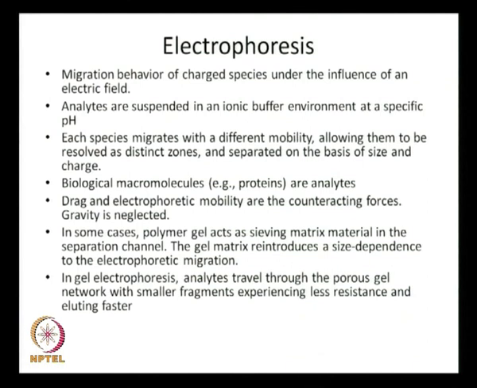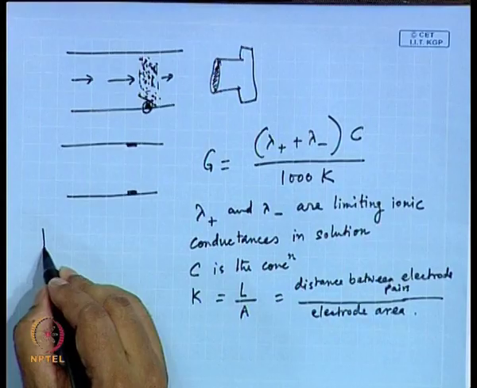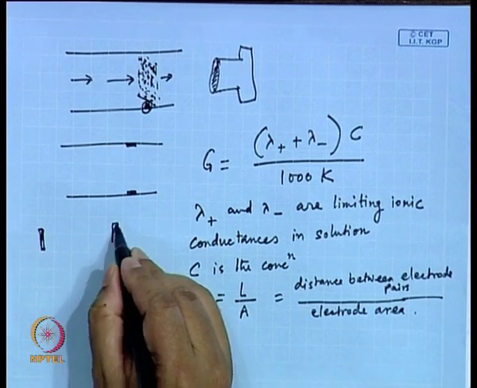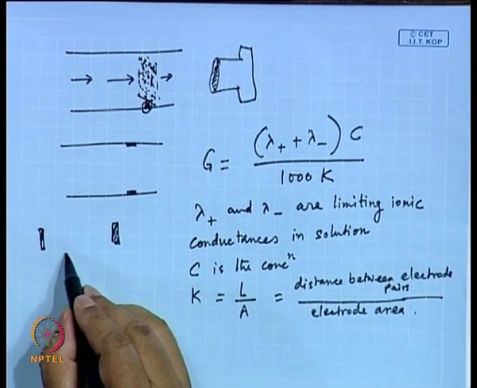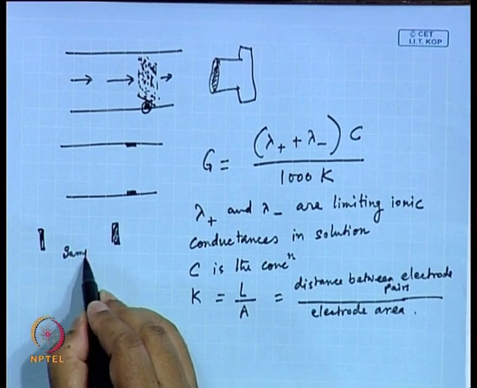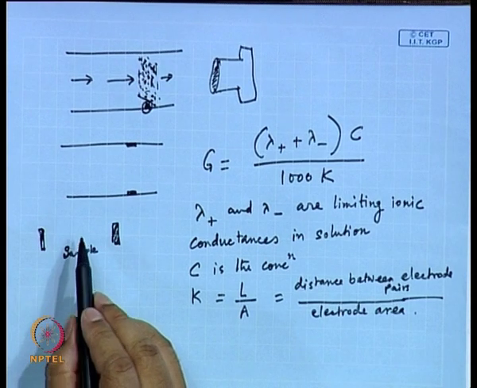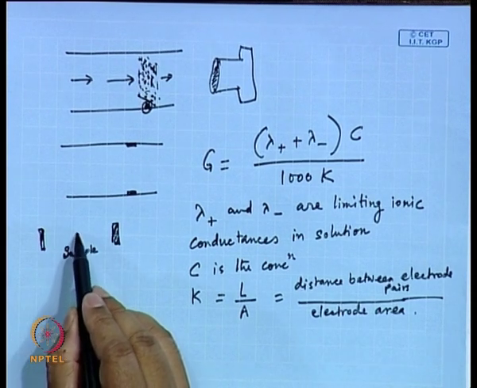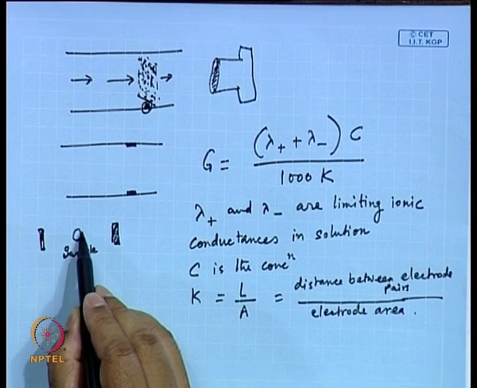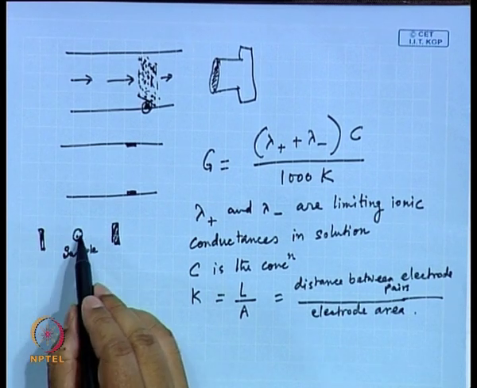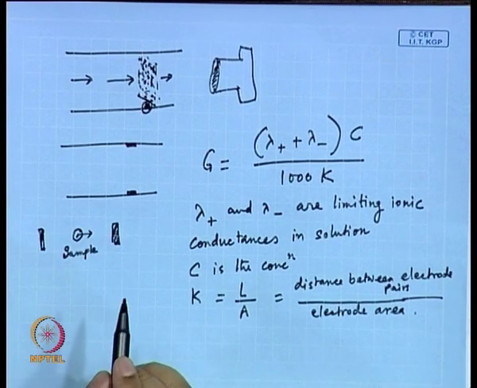What we are talking about here is basically I have two electrodes, and in between I have this sample. I have, say, one ion here; it has a size, it has a charge, and depending on that size and charge, it would be attracted towards a certain electrode.